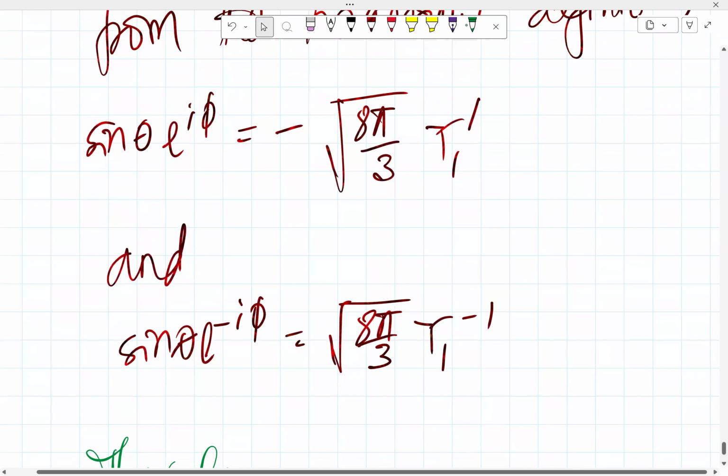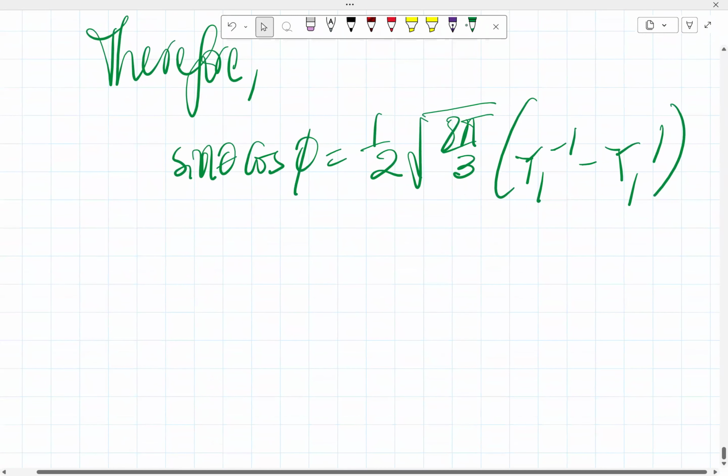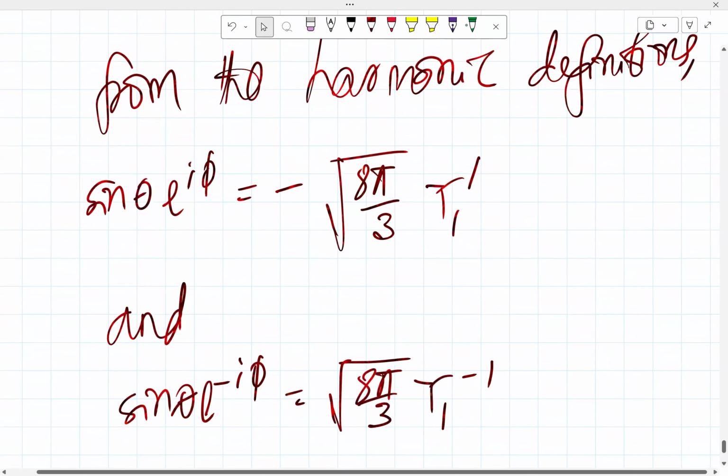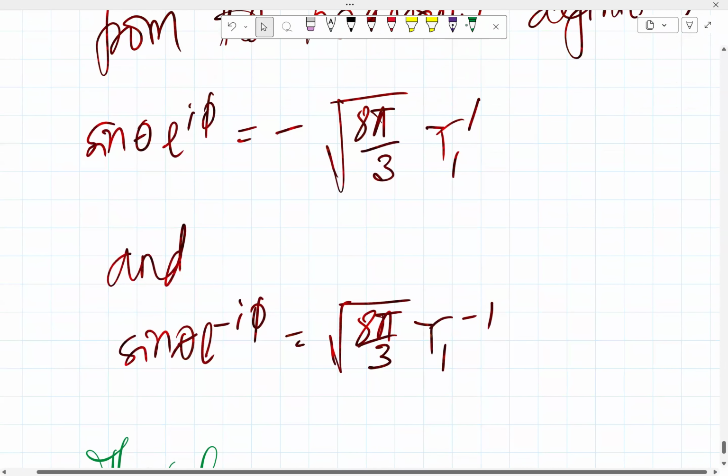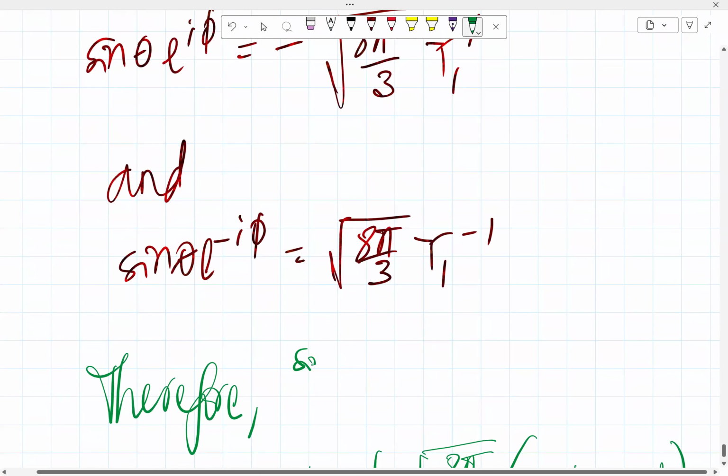If we put both together, something's canceling out, because it's more like adding both together, right? So if you add both together, this is this minus this. So adding both together, it's like we have sine theta.